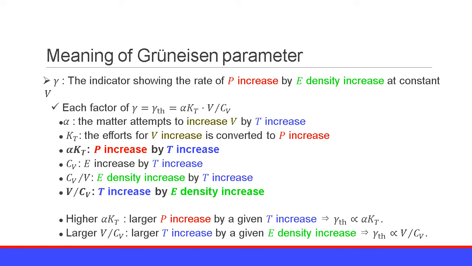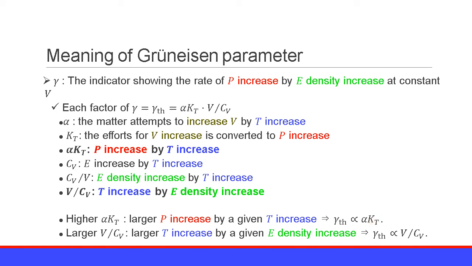If alpha K_T is higher, the pressure increase by a given temperature increase becomes larger. Therefore, the thermodynamic Grüneisen parameter increases proportional to the thermal pressure alpha K_T.